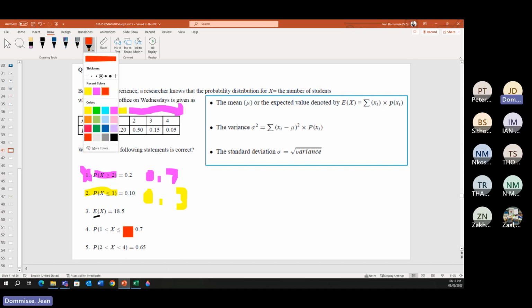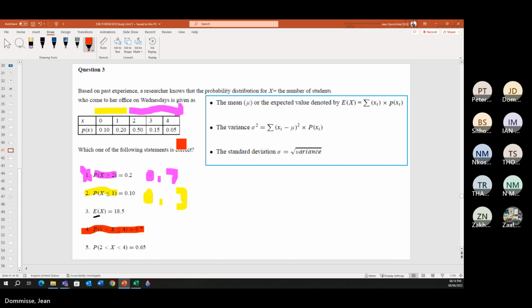Okay, so let's look at x smaller or equal to 4, but bigger than 1. Smaller or equal to 4, so it's everything up to 4, but bigger than 1, so it is from 2 to 4.